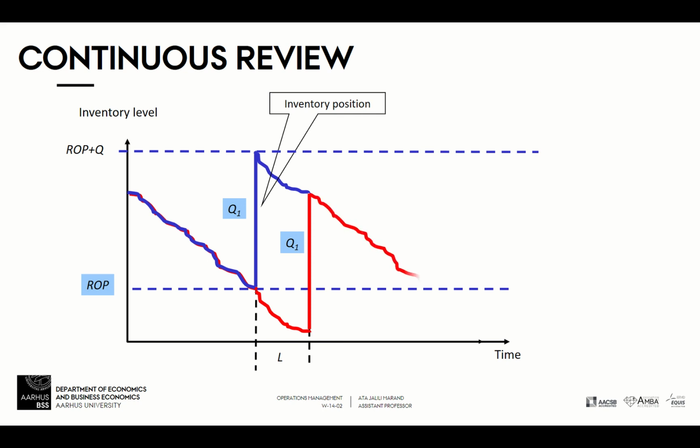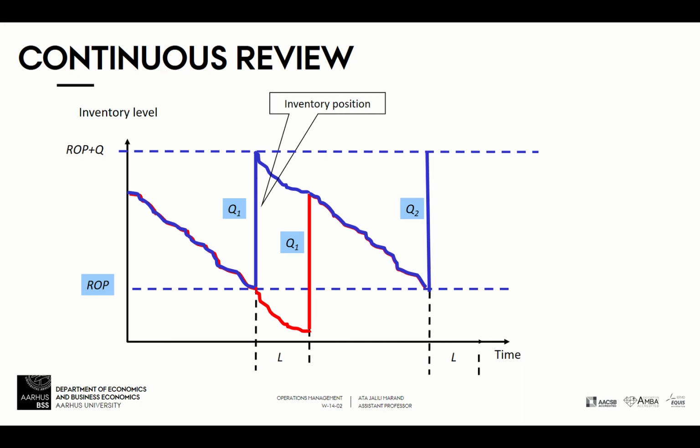Again, time goes by, inventory level decreases, and of course inventory position decreases. Again, we reach the reorder point. At this point we will make an order to increase the inventory level. We make an order of size Q2, inventory position increases, time goes by. After L units of time we will receive the order that we have already made.